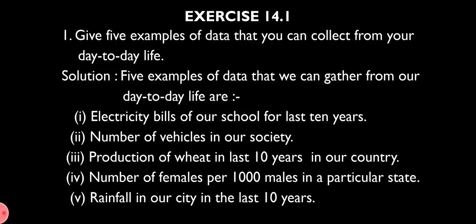You can collect the record or information of rainfall in our city of the last 10 years, like 5 years, last 4 years, as many years as you want to, and that is also data. So, many such examples are there. These are 5 examples illustrated here. So, if you want to write other examples, leaving these, you can write.